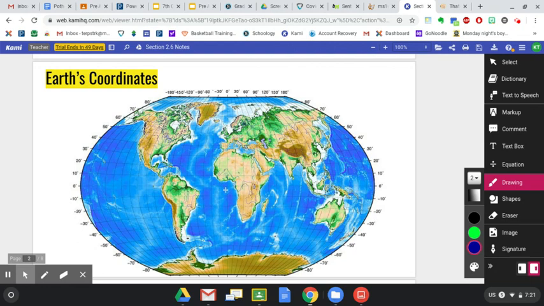If I start at the origin, they would give me directions, maybe 30 degrees east and 20 degrees north. So they give me direction, not necessarily plus and minus.